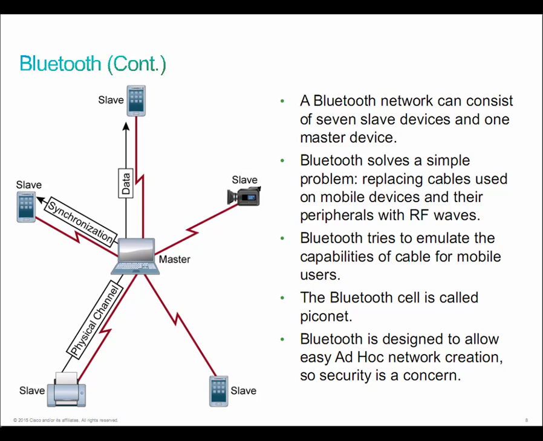There are 3 classes of power, and this is something that you would, I guess, be tested on if you were going to take the test, so it's something kind of important to know. There's a class 1 device that has a maximum power of 100 milliwatts and a range of about 100 meters. Okay, so almost like an Ethernet cable, basically.